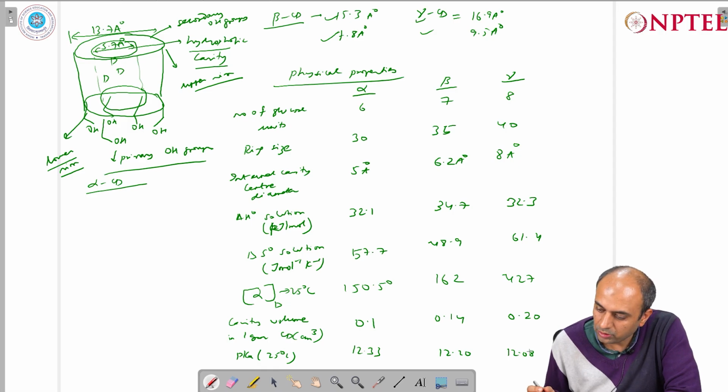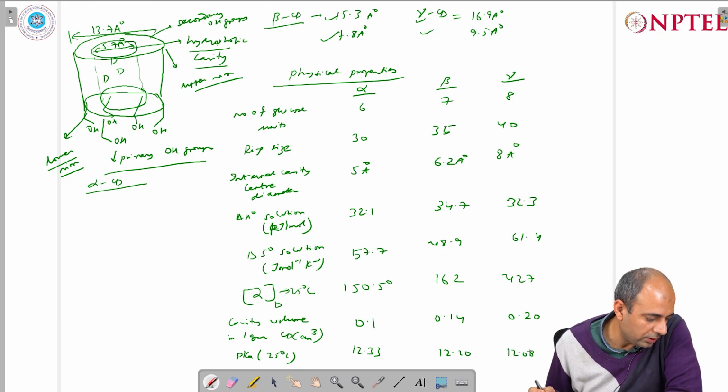So, these are some of the most important physical properties of these alpha, beta and gamma cyclodextrins.